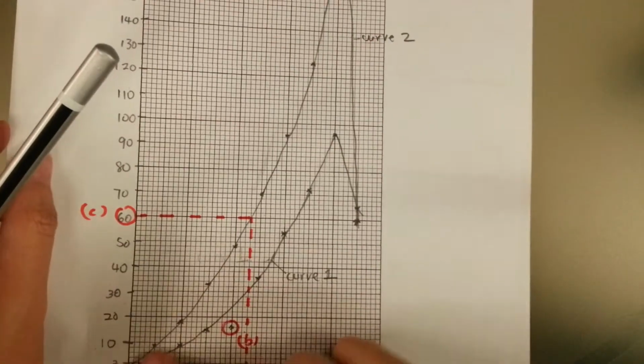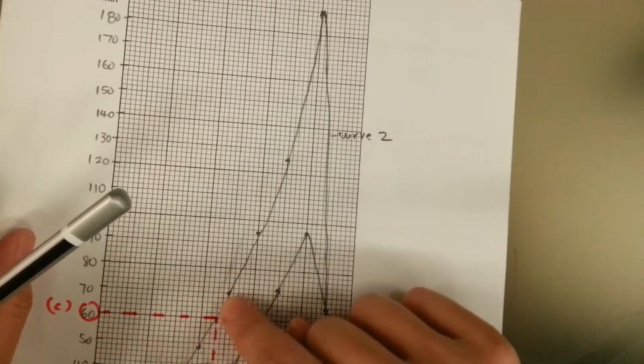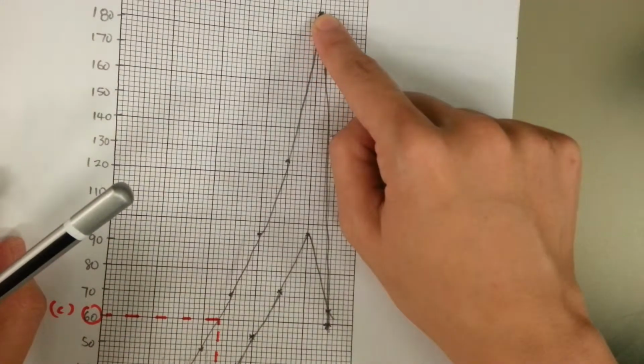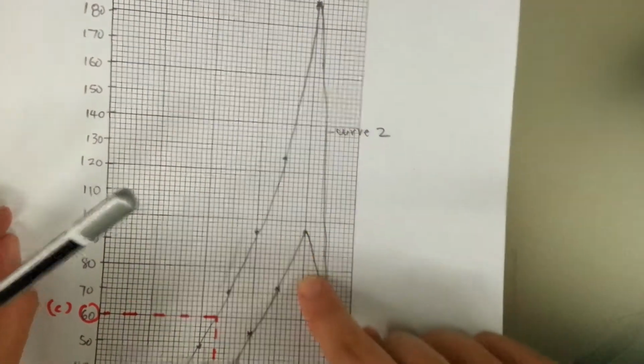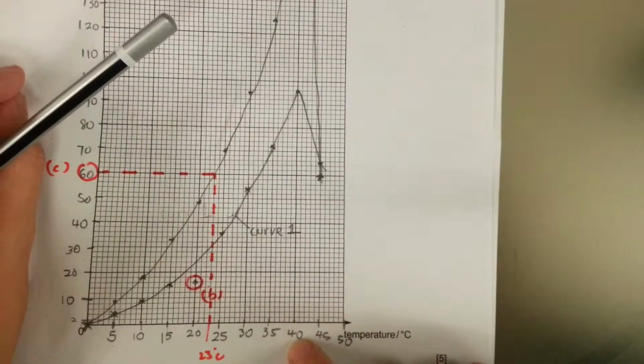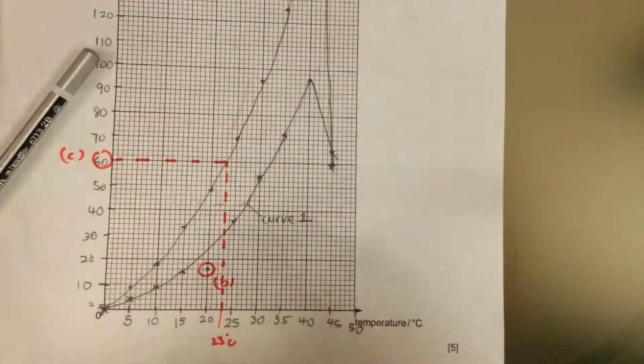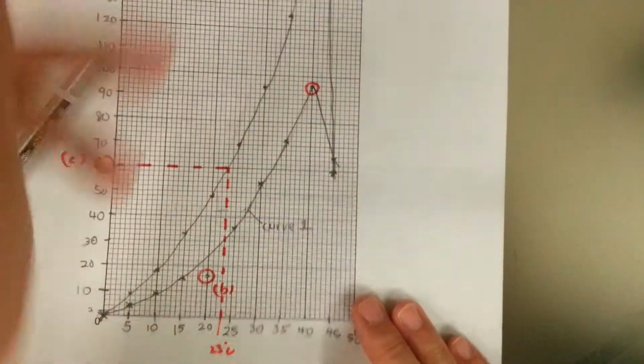For the second curve, where the enzymes are doubled, that means double the amount of enzyme, it is here. The temperature is also 40. So I will indicate here.